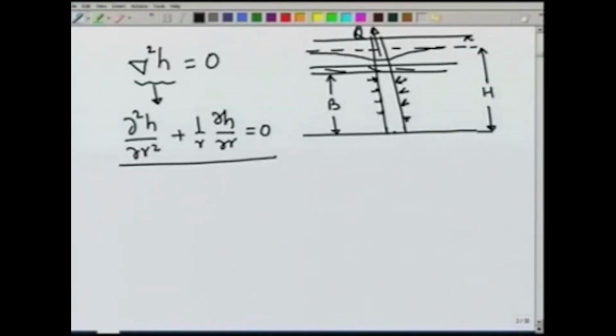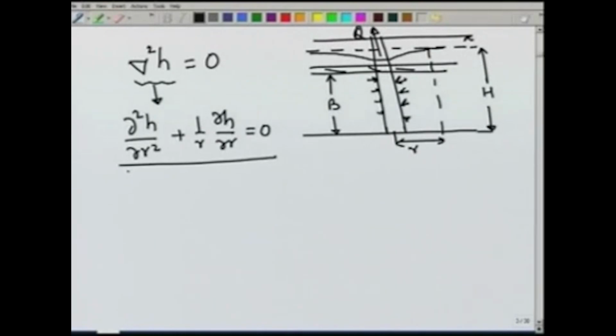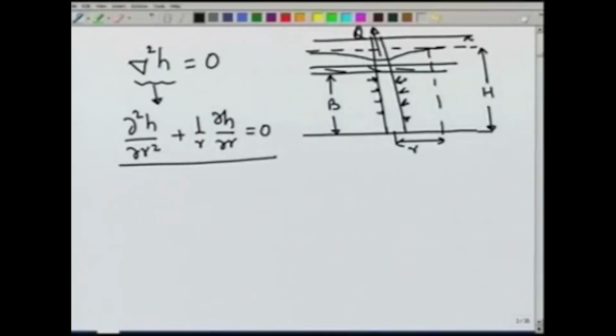In other words, at any distance r from the well, the value of H will be same irrespective of what is the angular direction in which we are measuring it. So, due to radial symmetry, del 2 H by del theta square term is ignored from here. So, this is the equation of motion for steady state flow in a confined aquifer towards a well which is screened throughout the aquifer thickness and which is pumping at a constant rate of Q.